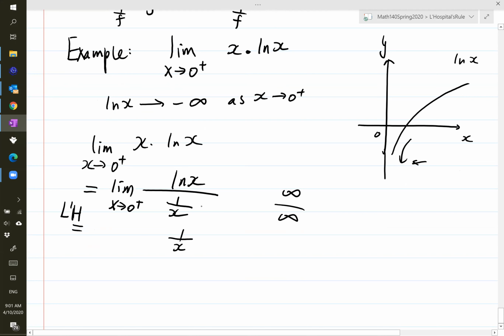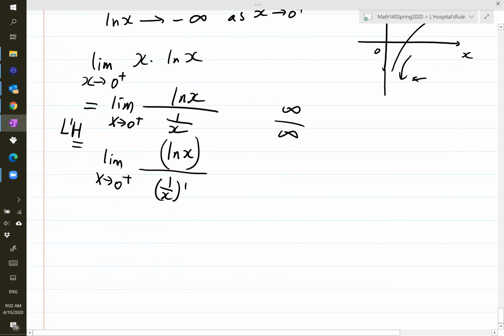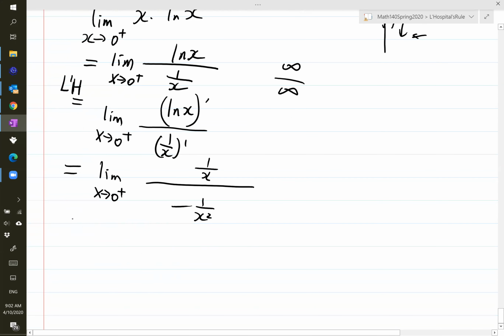The derivative of log x is 1 over x, and the derivative of 1 over x is negative 1 over x squared. We apply L'Hopital's rule, then we use algebra.